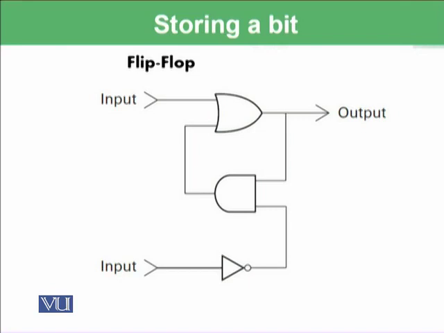You are familiar with the concept of OR gate, AND gate and NOT gate. In an OR gate, if either of the inputs is 1, it produces an output of 1. In an AND gate, if both of the inputs are 1, it produces an output of 1. And a NOT gate always toggles the input.